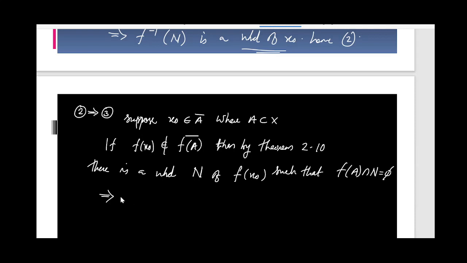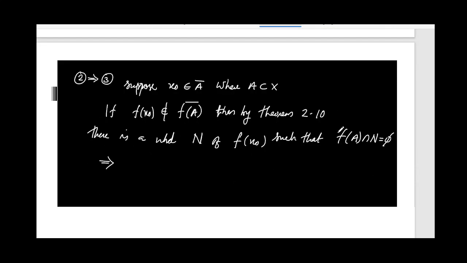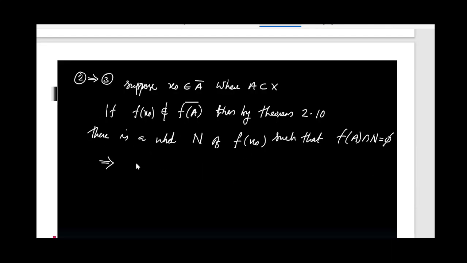This implies f inverse of f of A intersection with f inverse of N is empty.